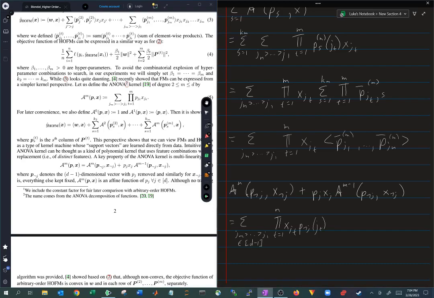So this is x_jt. Do we have to specify that this is x not j? In fact, do we need to specify that this is p not j either? Yes, I think so. This is really tricky because j1 through jm are integers between 1 and d minus 1.